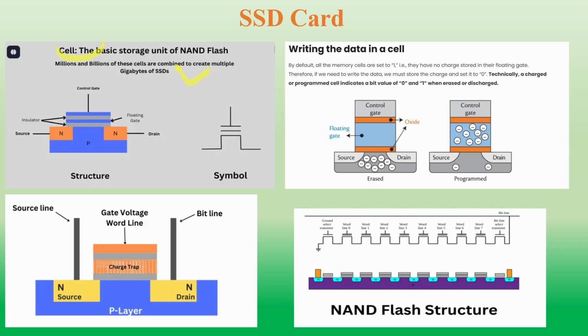So for writing data in the cell, when voltage is applied, the electron is trapped or released. This is the process to store the data in the form of binary 0 or 1. Different cells make a line and different lines make a page. So the data is saved in this manner in the SSD drive.